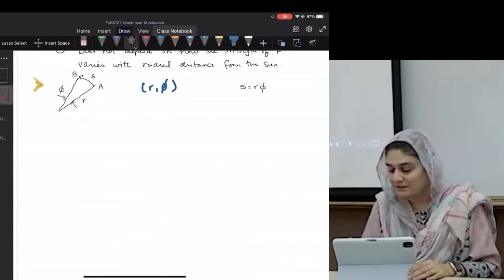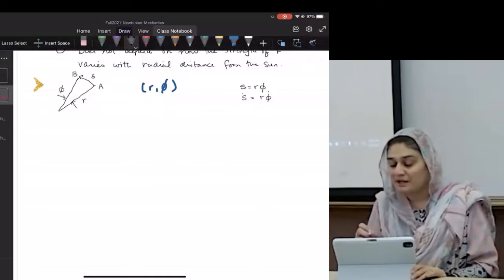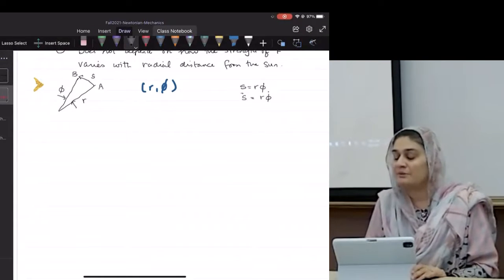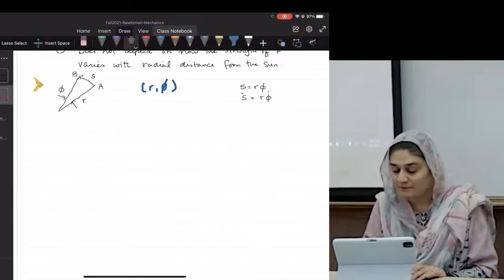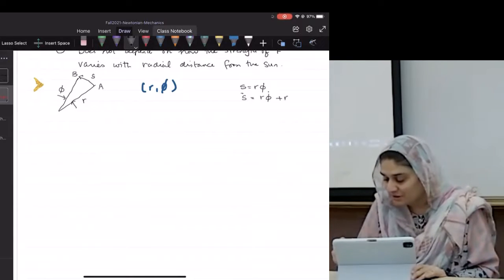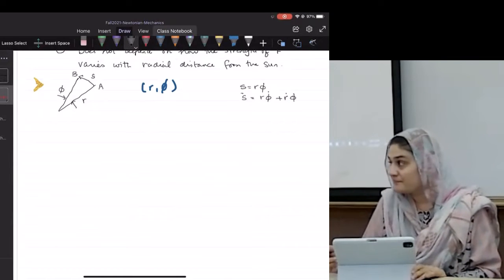So does that mean S dot will equal R phi dot? Not quite. Because S dot is not going to equal R phi dot, but rather it's actually going to equal plus R dot phi, because our R is no longer constant.